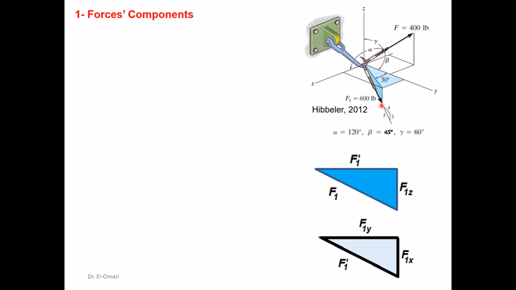So we can write then the relation for Fz, which is the force multiplied by the 3 over 5, the vertical. And notice here that F1z is going down, which means that it has to be a negative.